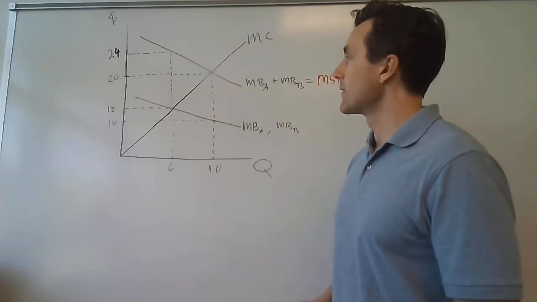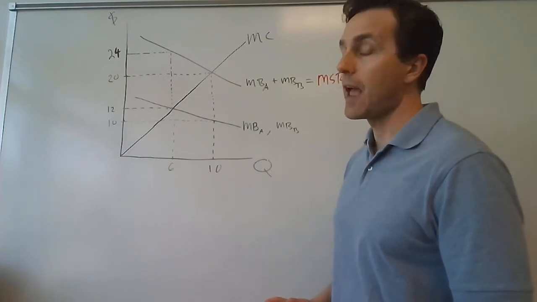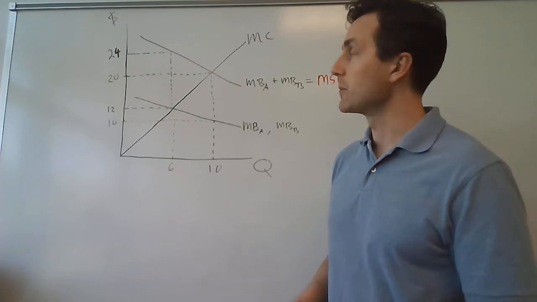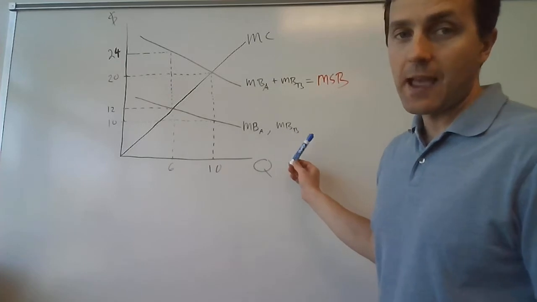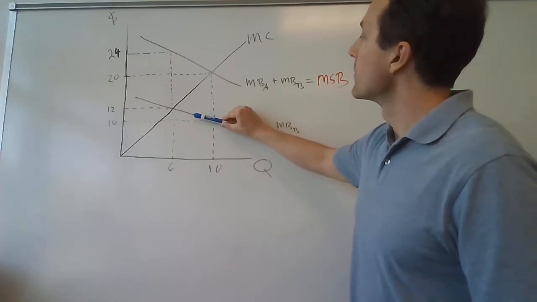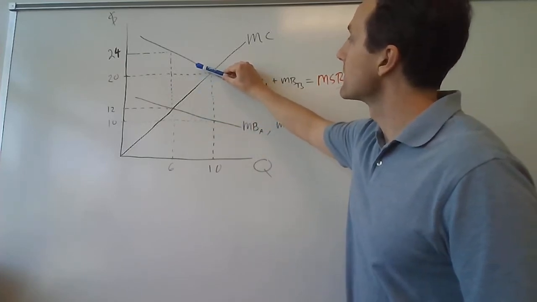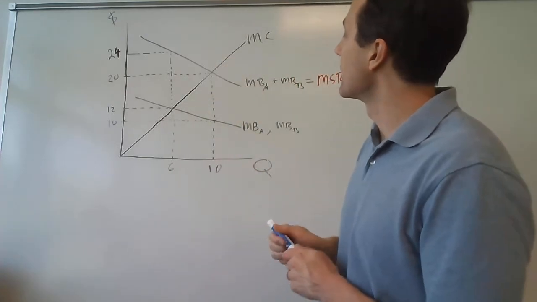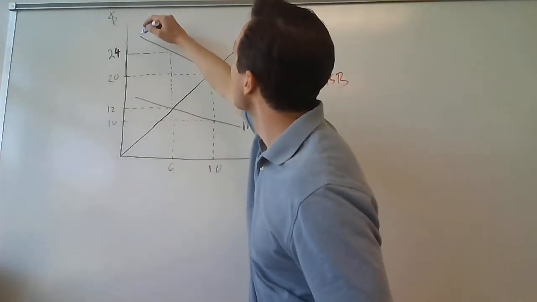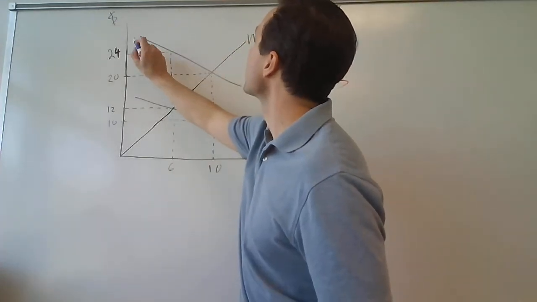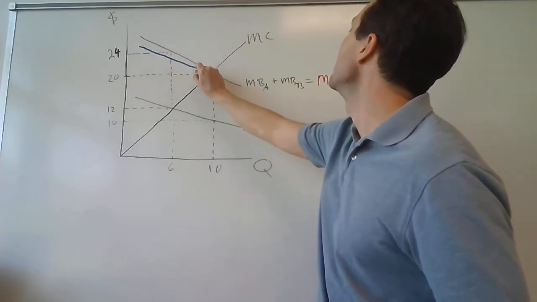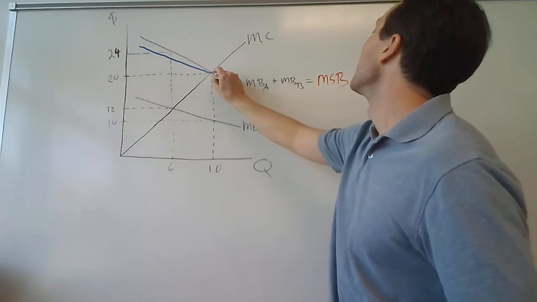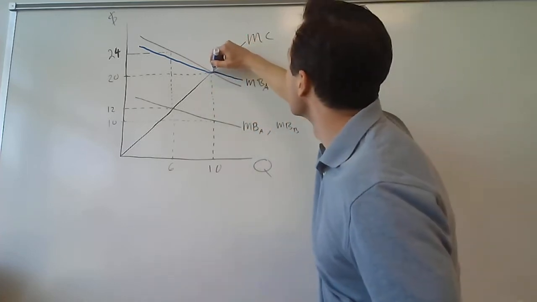So if there was a $10 subsidy for the public good, then both A's and B's marginal benefits would increase by 10, and their new marginal benefit curve with the subsidy would look something like this. I'm drawing it here in blue.